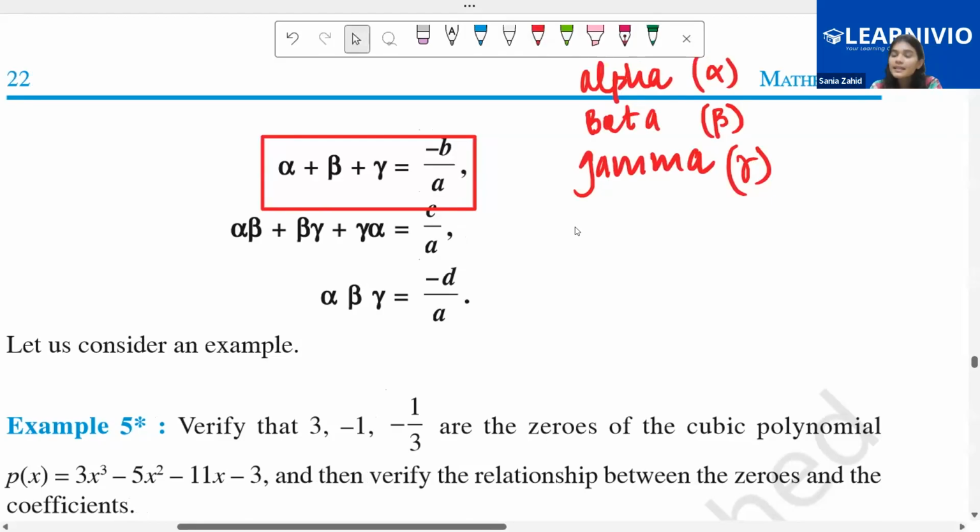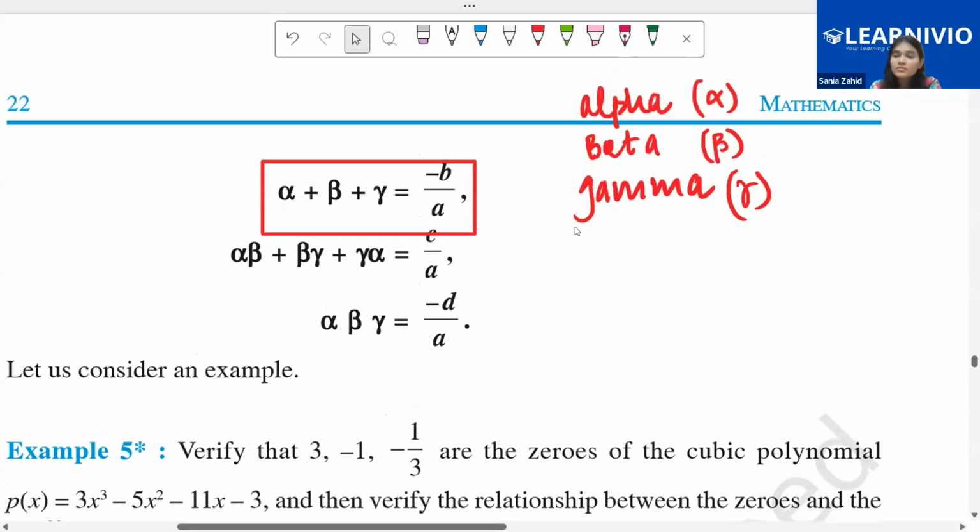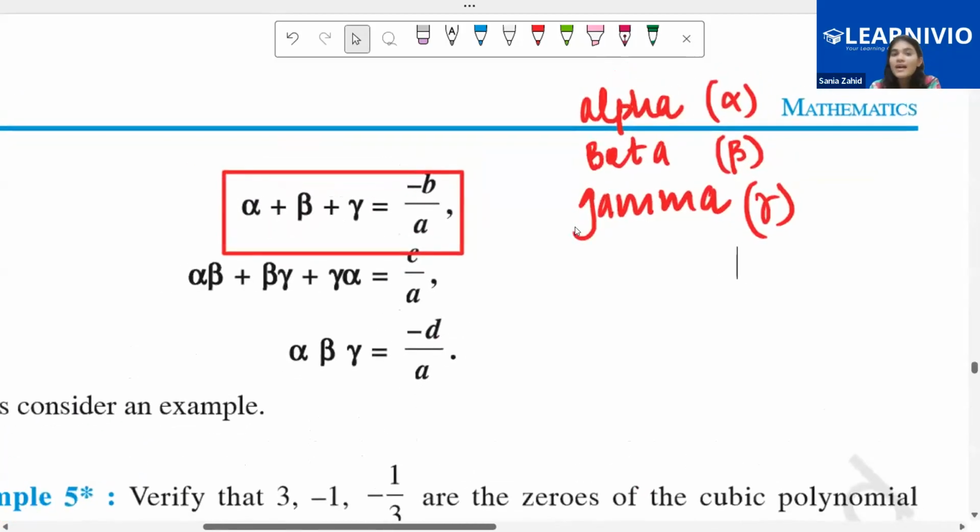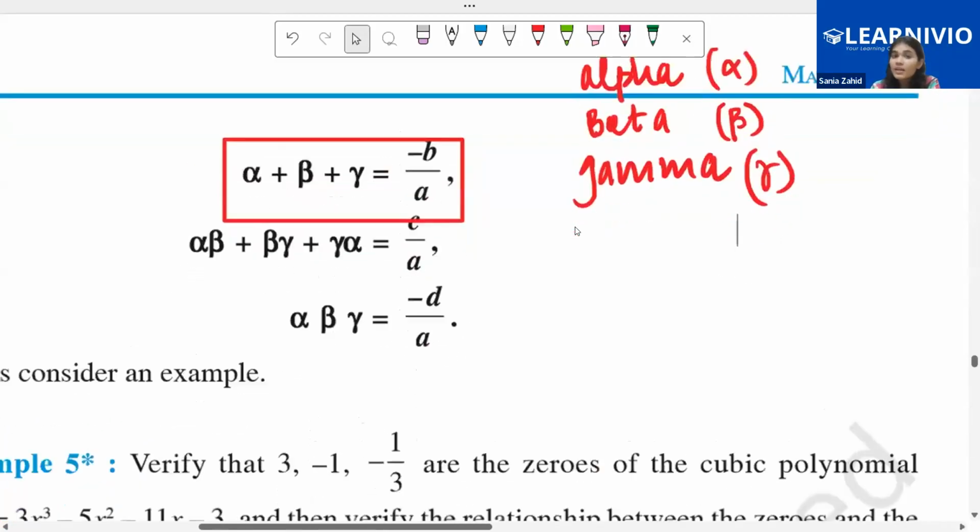So you have three zeros. You have alpha. These are Greek letters. Alpha is the first Greek letter, like English alphabets are A, B, C, D, E, F. Similarly, the first Greek letter is alpha, the second is beta, and the last is gamma. So alpha plus beta plus gamma is minus b by a.